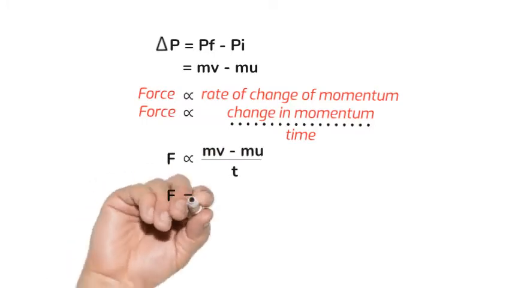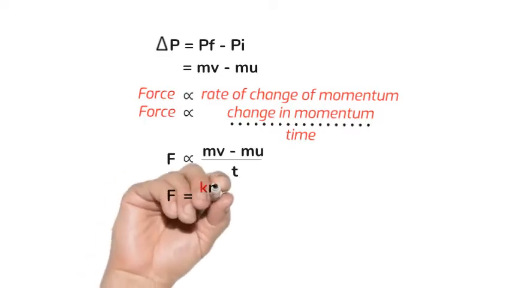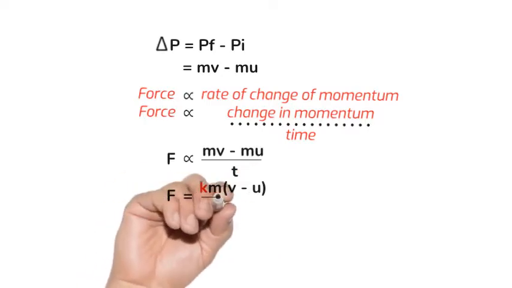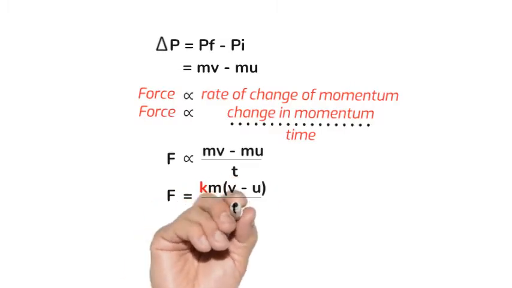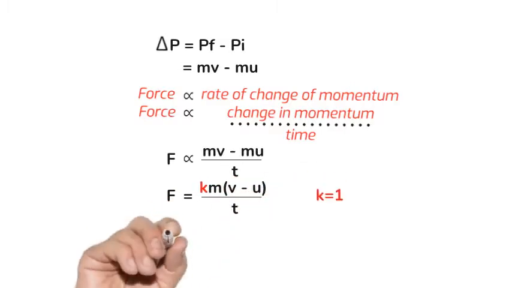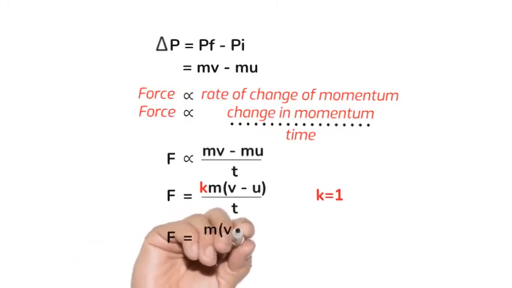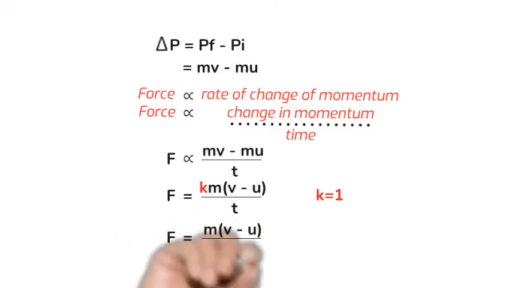That is, F is equal to km into (v minus u) divided by t. Here k is the proportionality constant. K is equal to 1 in all systems of units. Hence, the equation becomes F is equal to m into (v minus u) divided by t.